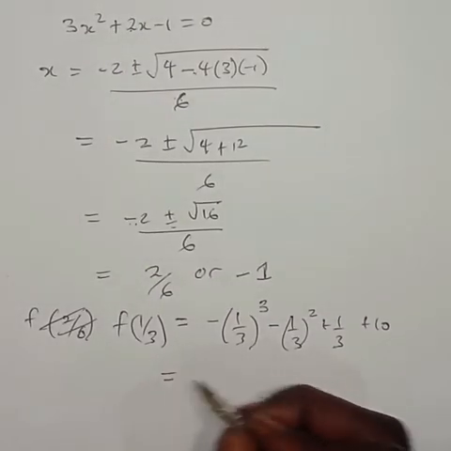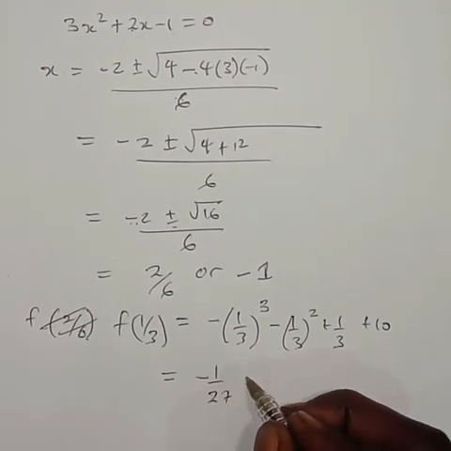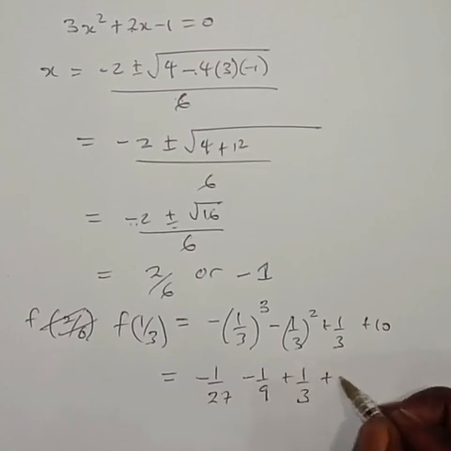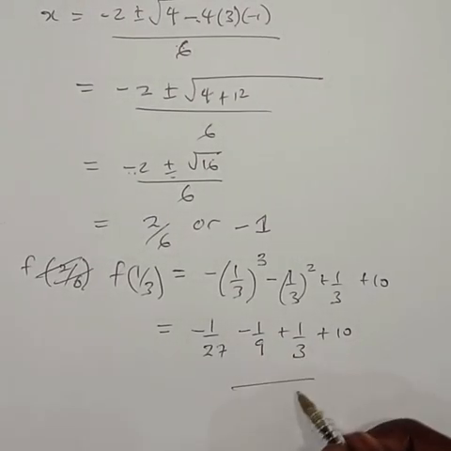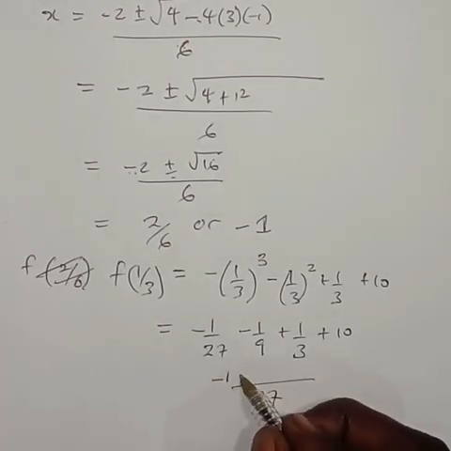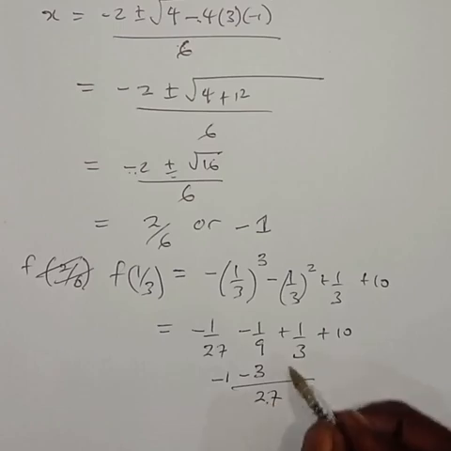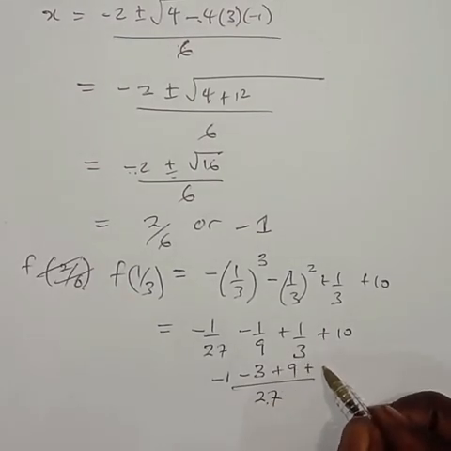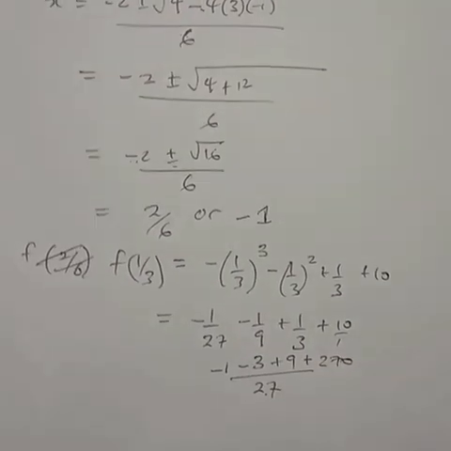That's going to give us minus 1 over 27 minus 1 over 9 plus 1 over 3 plus 10. If I try to simplify this, the common denominator here is 27. I get minus 1 minus 3 plus 9 plus 270.